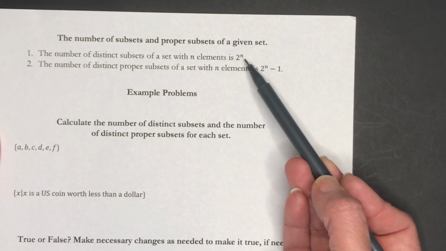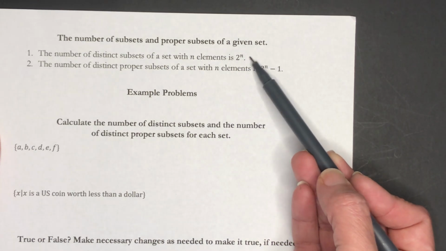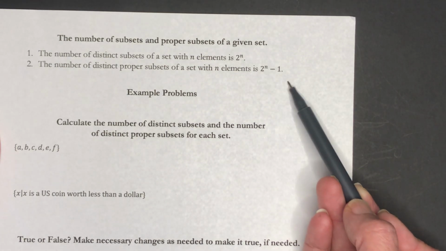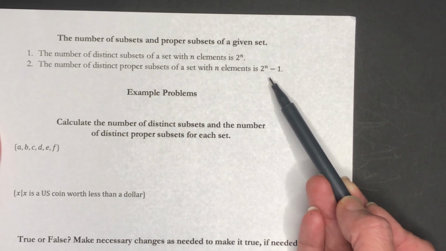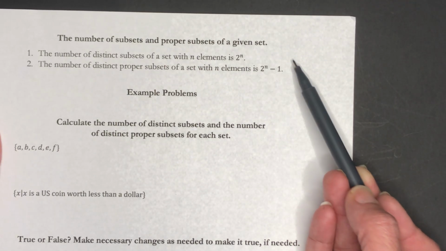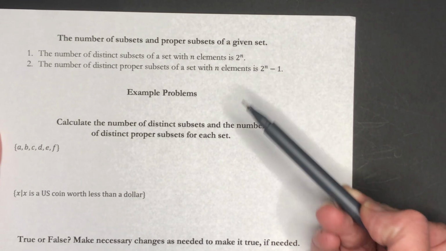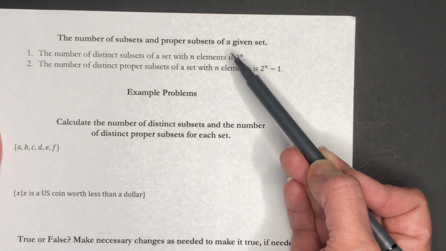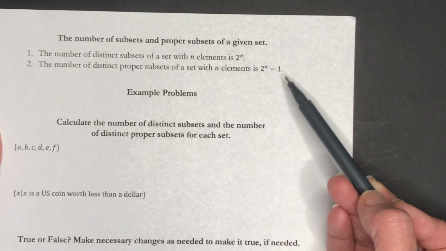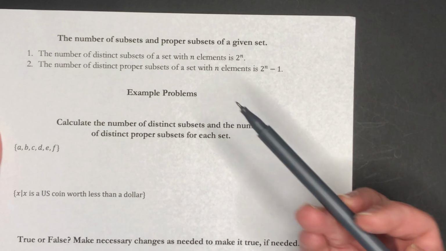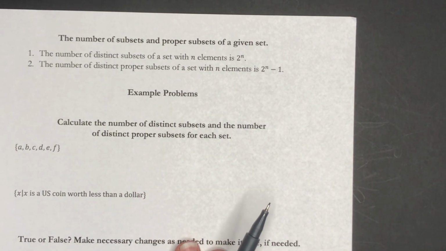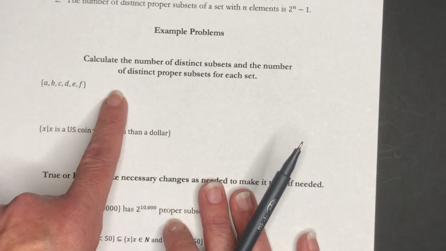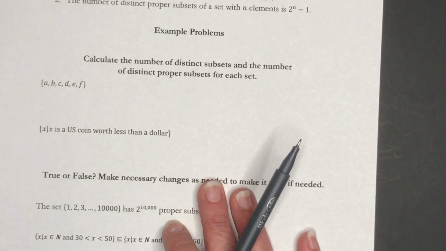And the 2 to the n, you don't have to understand where it comes from, but the minus 1 should make sense. That's because the only difference is you're not allowed to be equal. So this will give us the number of subsets there are, including them being equal, and here we just subtract off that 1. Okay, so let's look here. Let's calculate the number of distinct subsets and then the number of distinct proper subsets for each one.